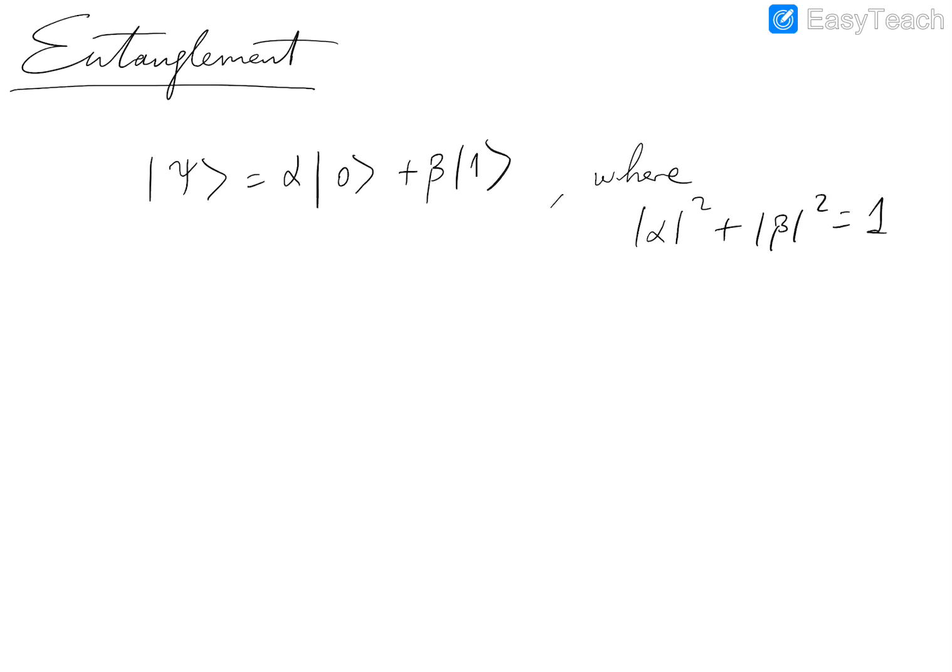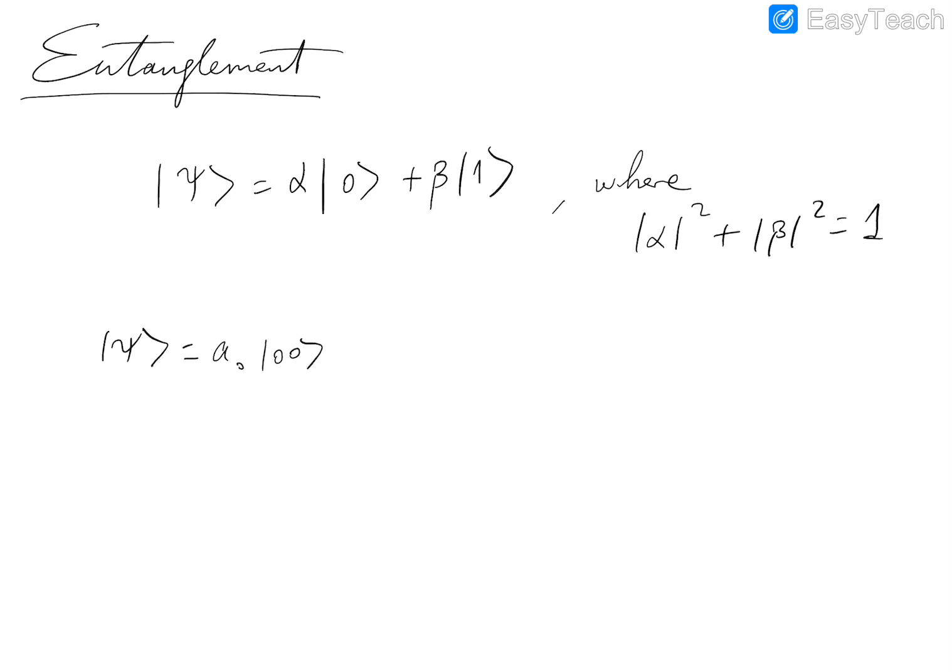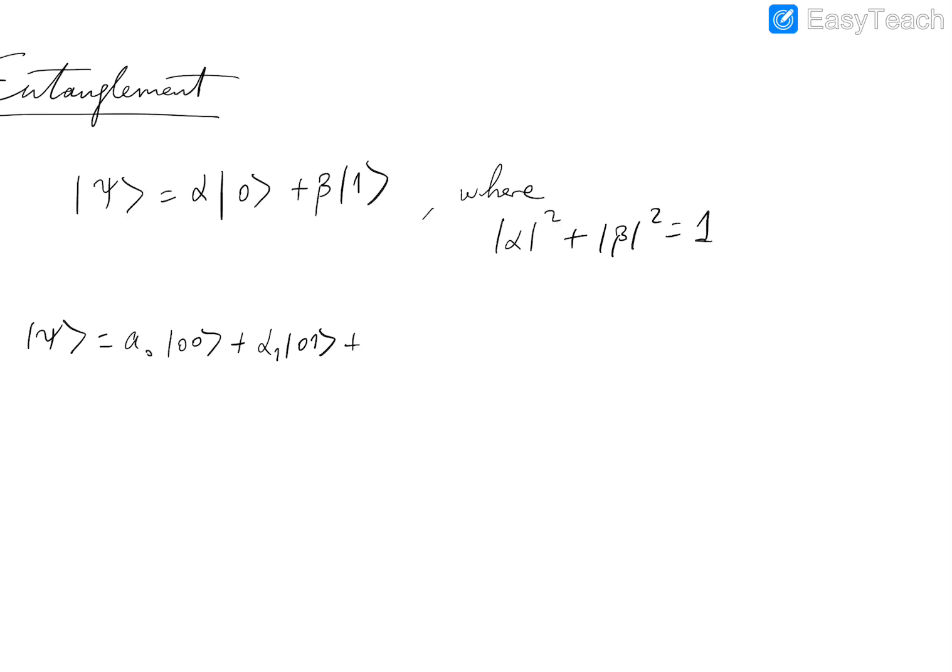Now consider a 2 qubit system, psi equals A0|00> plus A1|01> plus A2|10> plus A3|11>, such that the sum of the modulus squares is equal to 1.